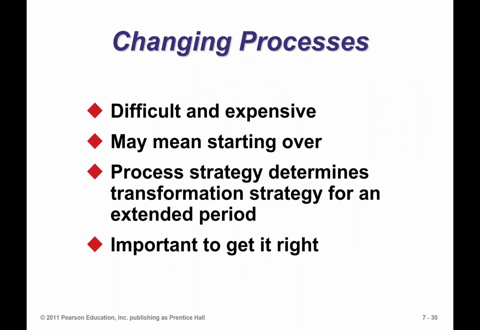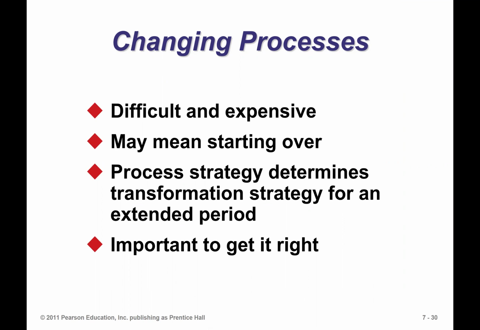So to change your process from, say, repetitive focus to mass customization can be difficult. You don't have the expertise in it, and it can be very expensive. So it may mean you have to start all over again, and you don't want to do that because it's going to cost you.